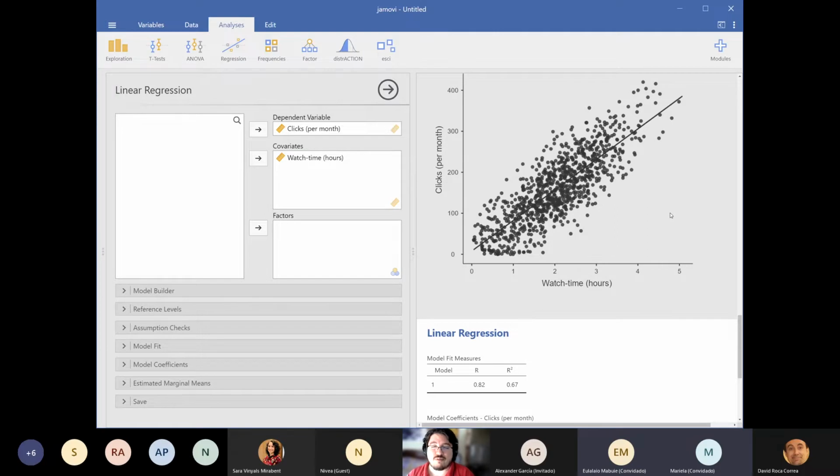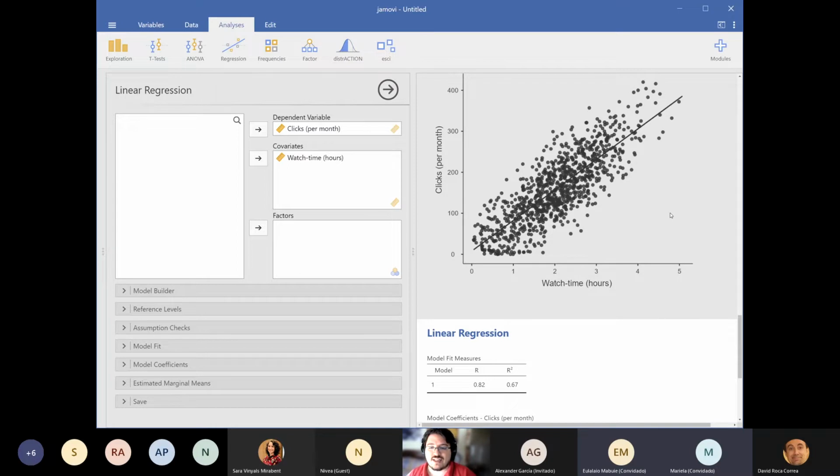There is something that it's missing. There is something that we will call random that you don't understand yet. And it's not explained by the watch time. And that thing that you don't know makes the clicks change. So not only watch time is relevant for the amount of clicks that you get. Okay, so there might be other relevant variables that you are not considering, or there must be just some randomness that you cannot explain.